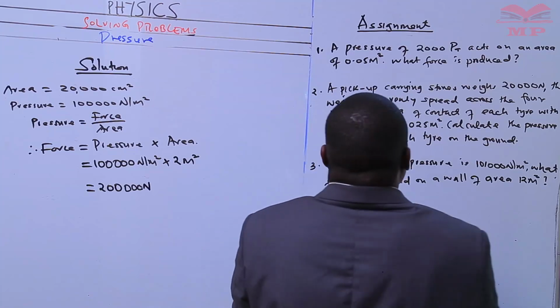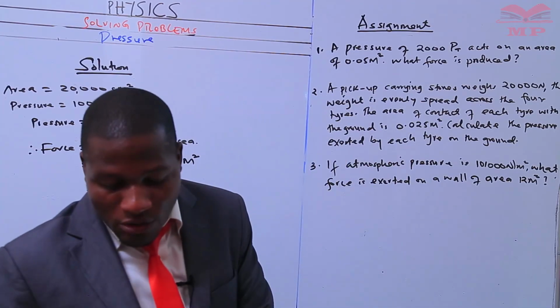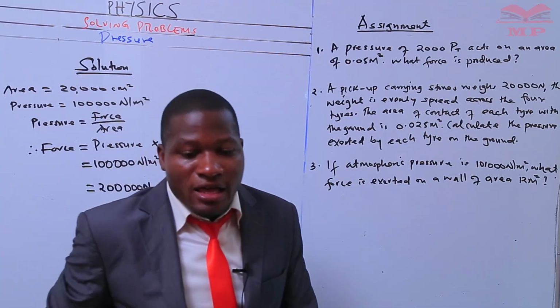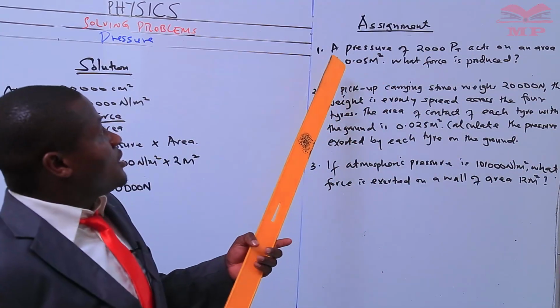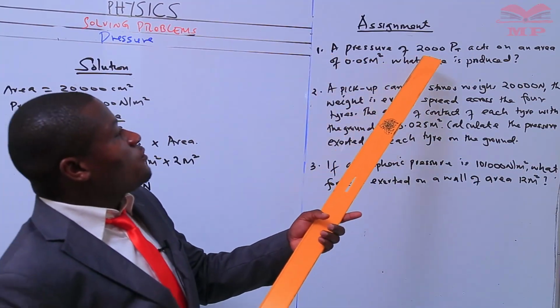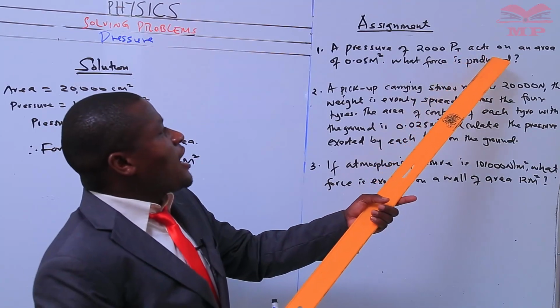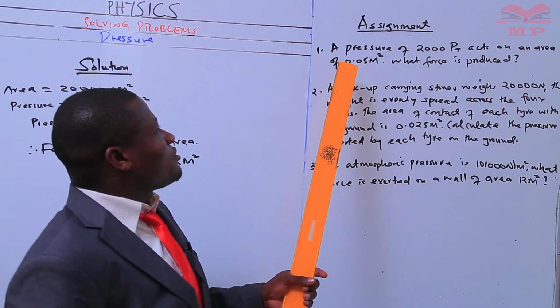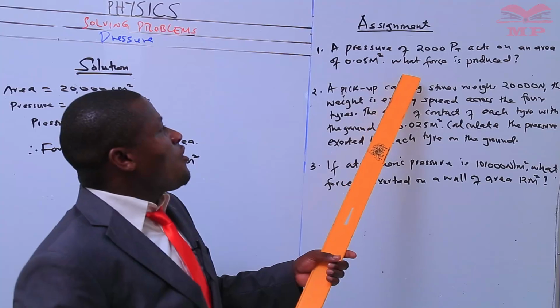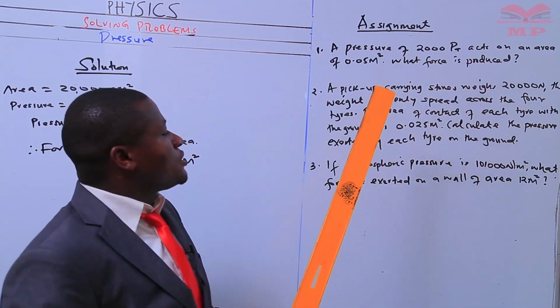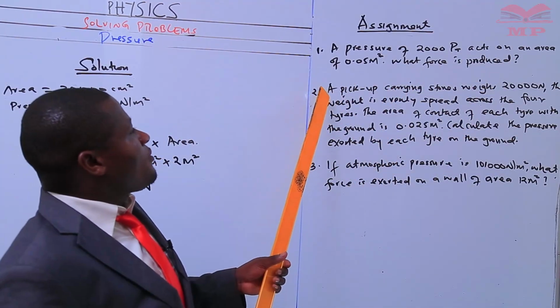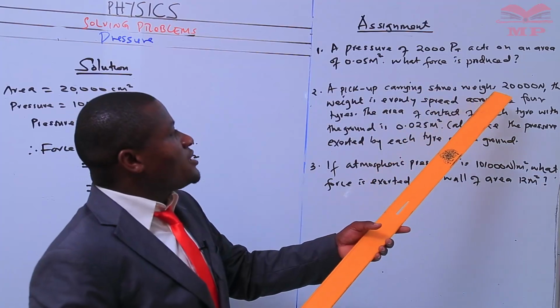So these are the 3 questions that I would like you to try. The first one is a pressure of 2,000 pascals acts on an area of 0.05 meters squared. What force is produced?